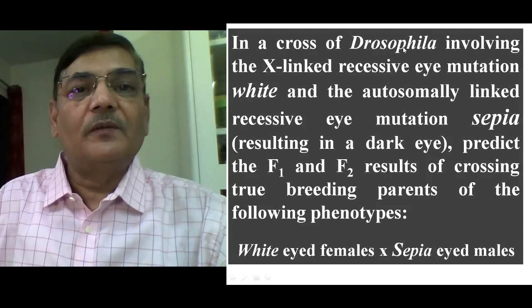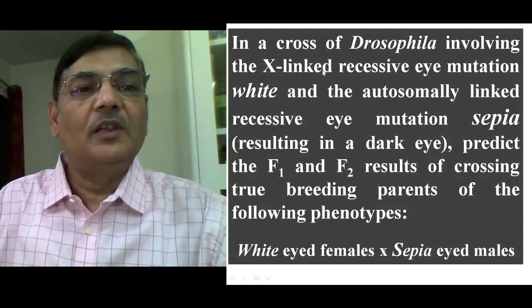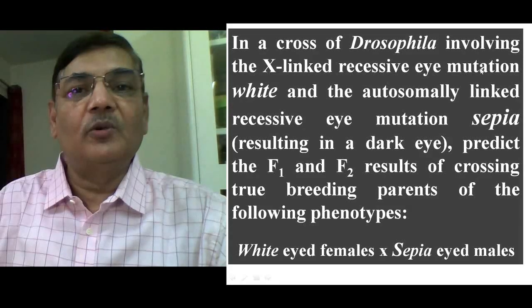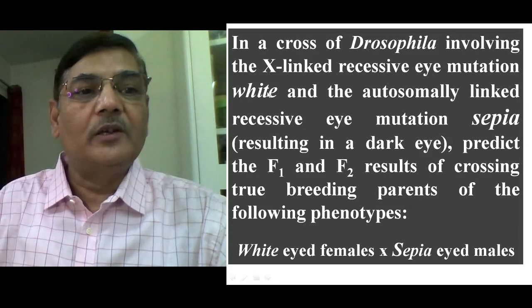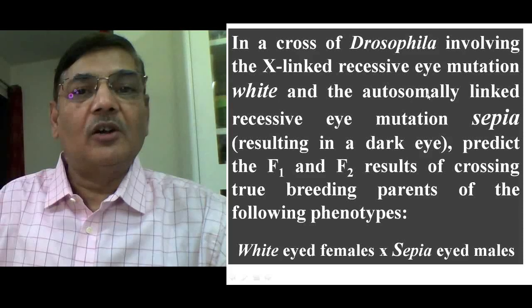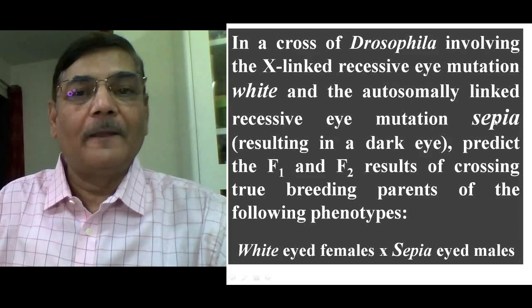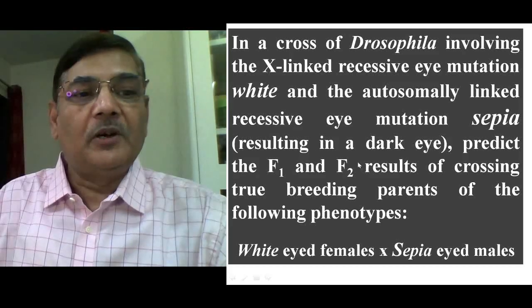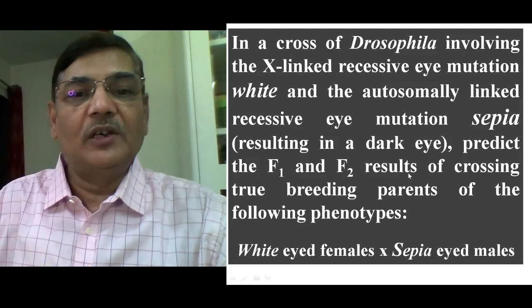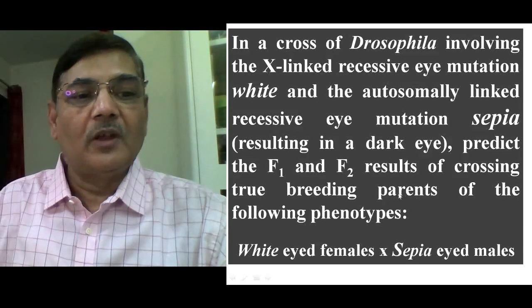In a class of Drosophila involving the X-linked recessive mutation, that is white, and the autosomally linked recessive mutation, sepia, which actually causes dark eye color, predict the F1 and F2 results of crossing true breeding parents of the following phenotypes.